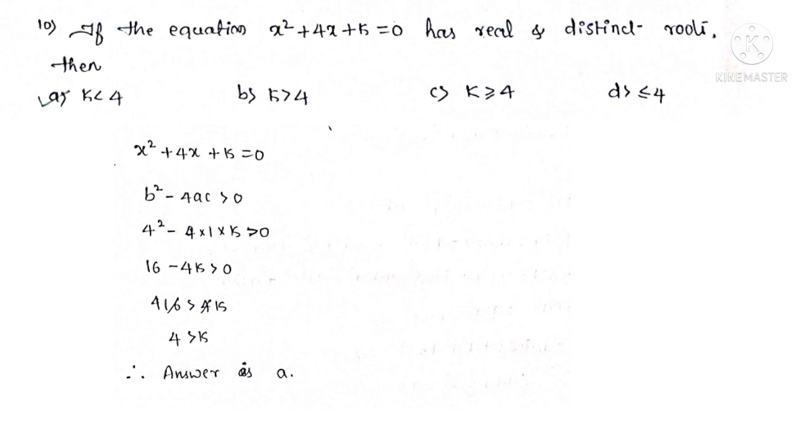Consider the value of b and a, so it will become 4 square minus 4 into 1 into k is greater than 0. 4 square is 16 minus 4 into 1 into k is 4k greater than 0. Send 4k to that side, so 4k is lesser than 16, 4 4s are 16, so k is lesser than 4. Option A is correct.